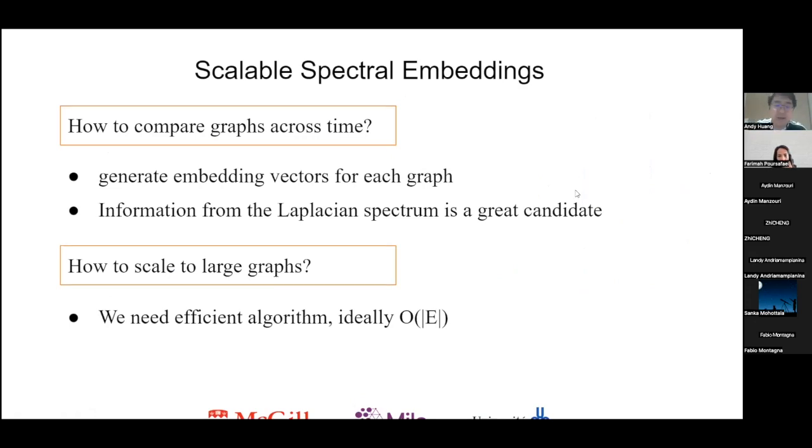Now, we have the same challenges as before. The first thing is we still want to compare graphs across time. In this work, we propose to use density of states instead of computing the exact eigenvalues. And in terms of scalability, what we want ideally is an algorithm that is linear in the number of edges, so it can scale to as large a graph as you have.